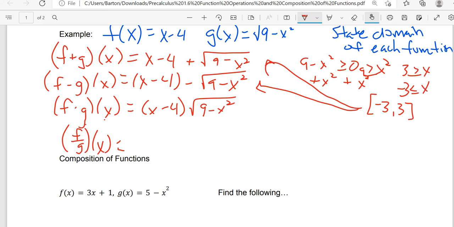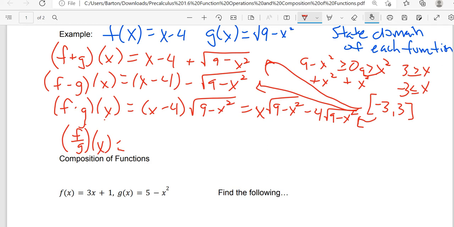It would be nice if we distributed the square root of 9 minus x squared, simplify it a little bit, so we get x times the square root of 9 minus x squared minus 4 times the square root of 9 minus x squared. And that can't be simplified anymore, but it also has the same domain, which is bracket negative 3, comma 3.